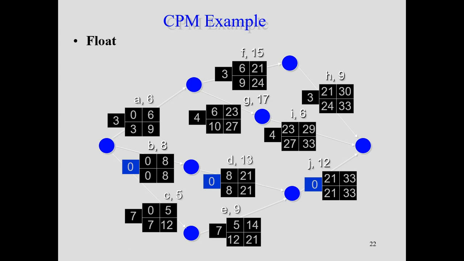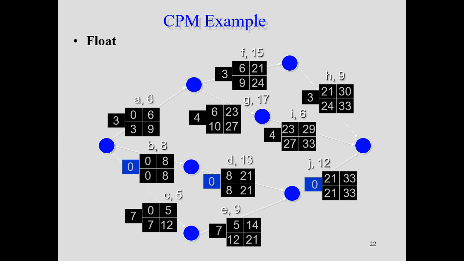Now the next job is we have to calculate float. The float indicates the difference between the latest start and early start, or latest finish and early finish.